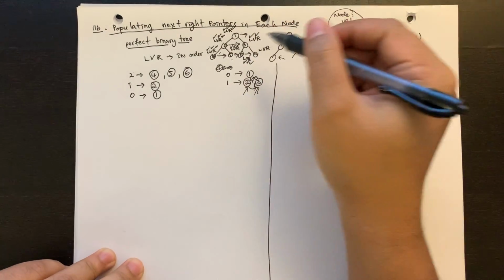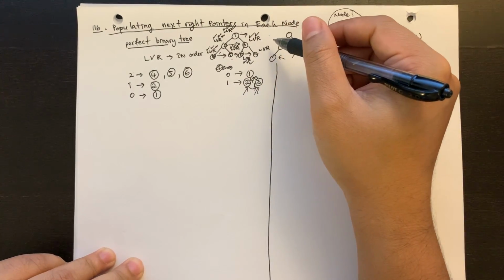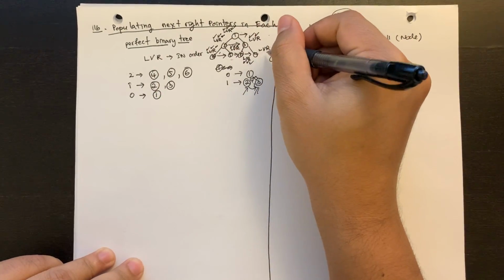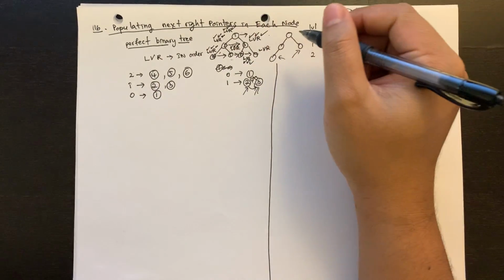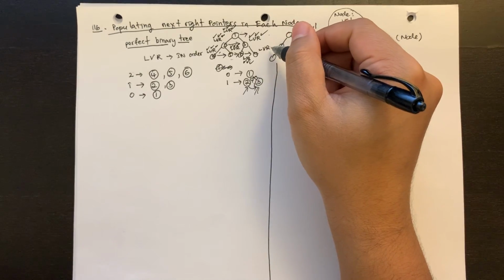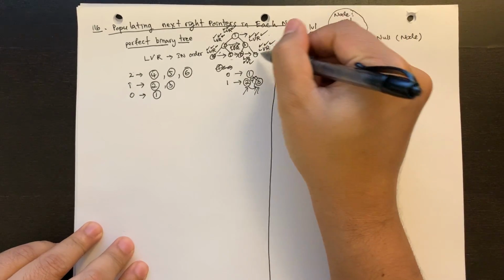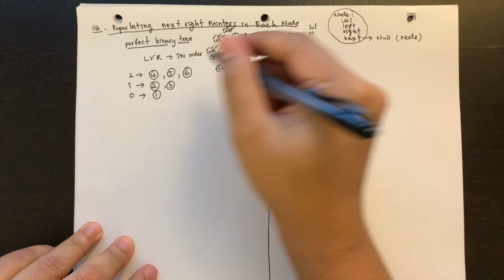We visit this one, so we know that 3 is at level 1, and then we go right. So right here we found 7, and we go left, visit and right here, and we know that it's on level 2.